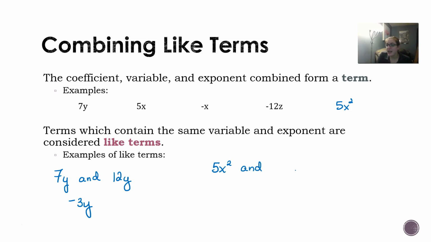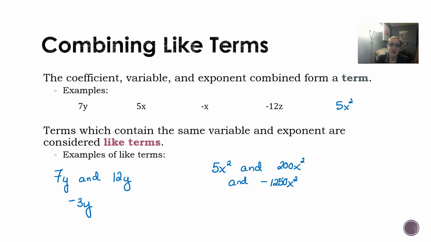Well, same thing. Anything where your variable and your exponent are the same, only your coefficient has changed. So you could have 200x squared, or you could have negative 1,250x squared. I don't care as long as it has that variable and exponent. I don't care what the coefficient is.